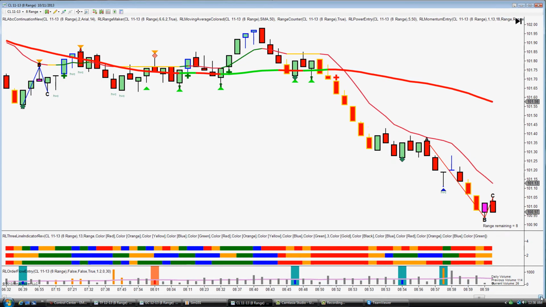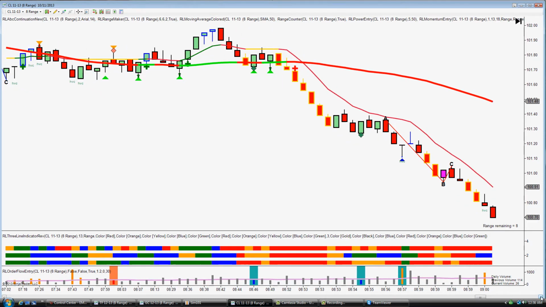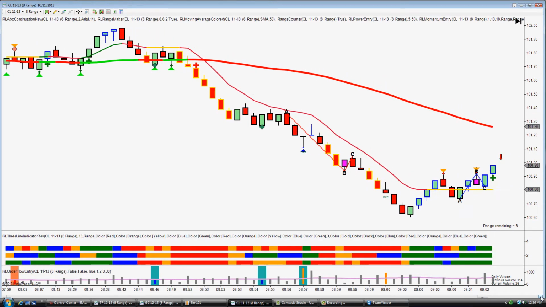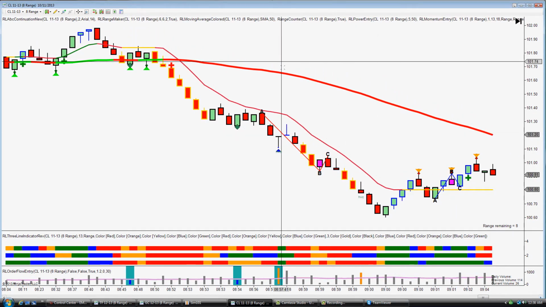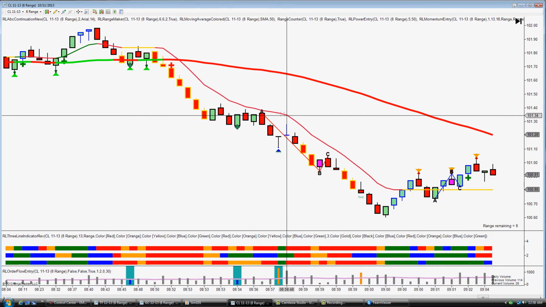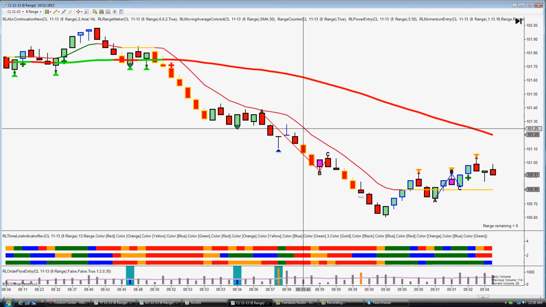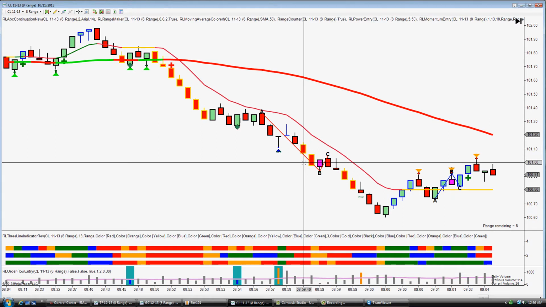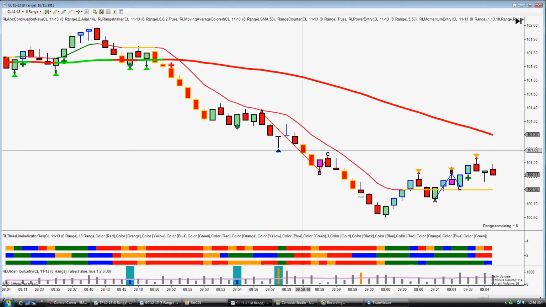Now, as we move over, we're quickly up 50 ticks on our first trade. Now we only go short below the 50 and below the 15. And as long as the 15 is red, the downtrend is intact. We get another signal here, candles in yellow.